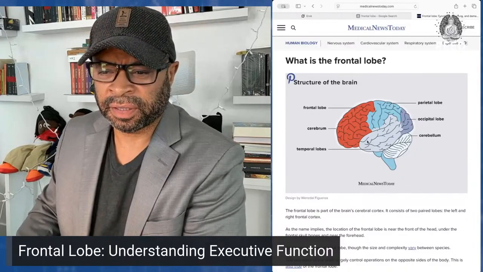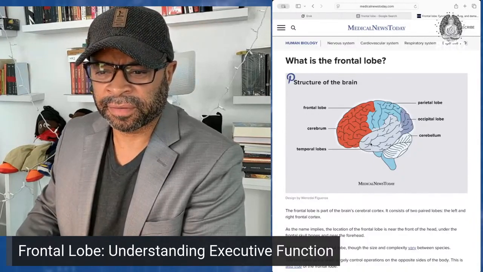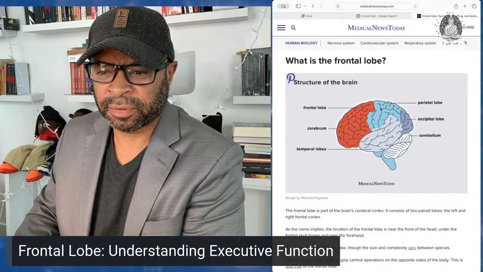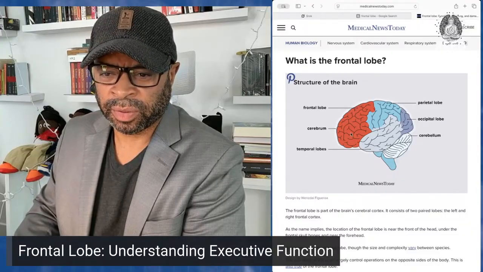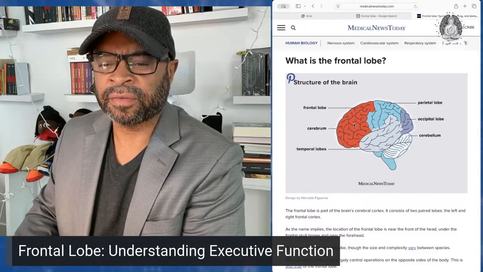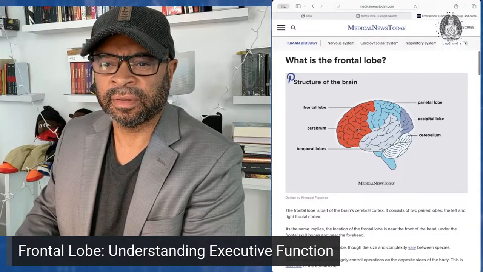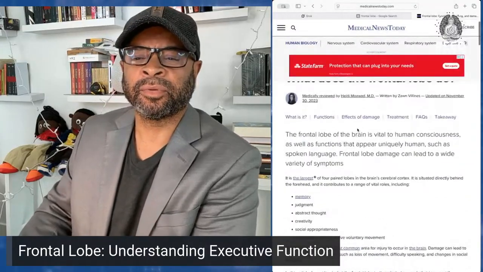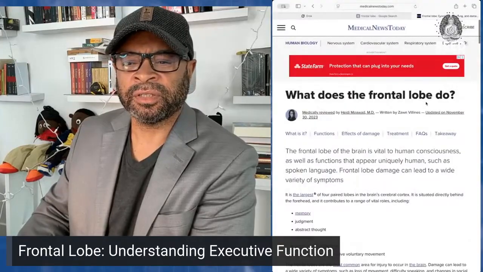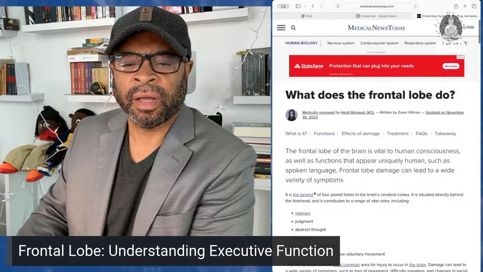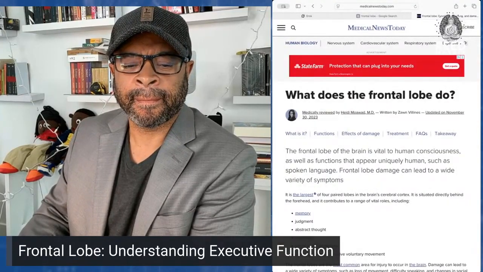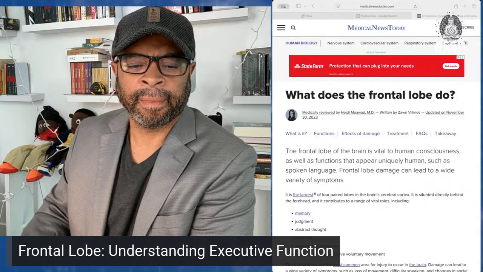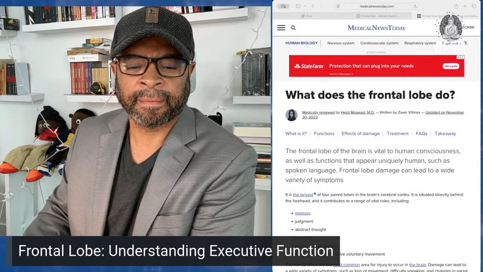Here is the temporal lobe, right? Here's the parietal lobe. So what we want to look at here is the frontal lobe. Okay? And let me just briefly ask, what does the frontal lobe do?